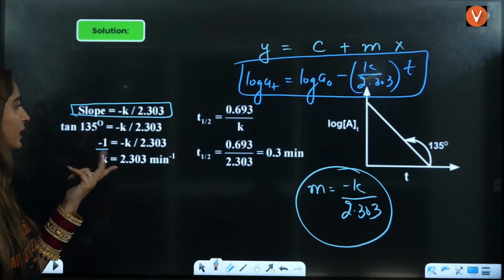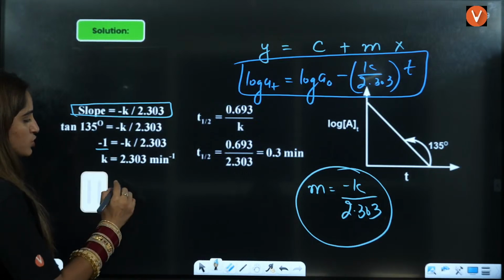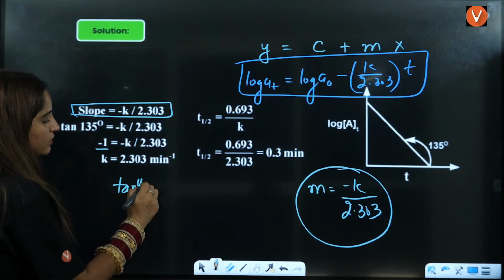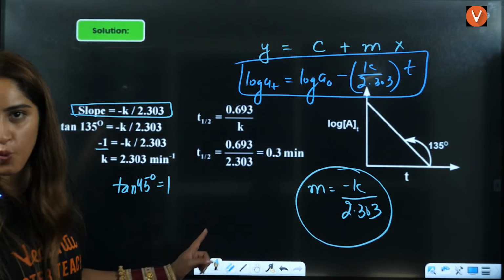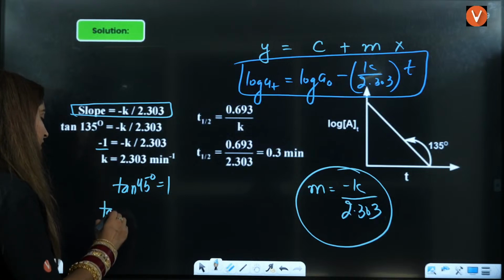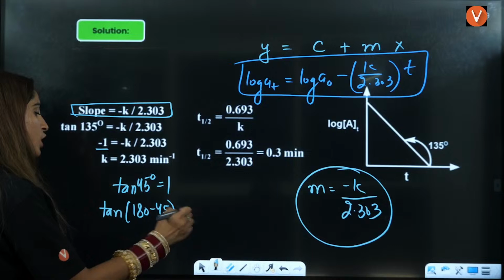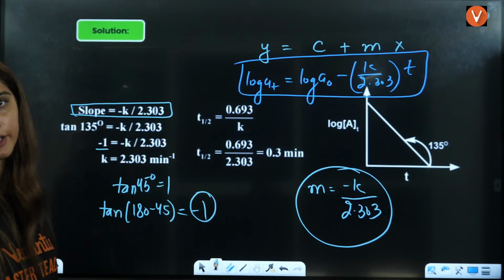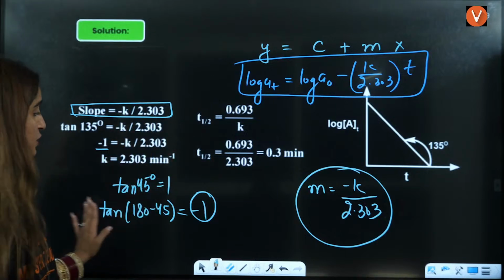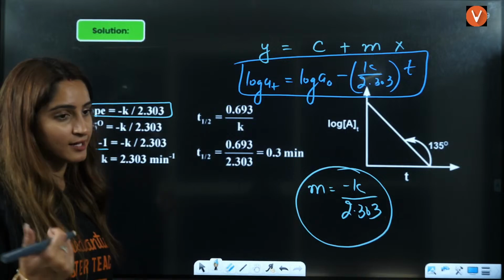This is 180. Tan 45, those who don't know, a little bit of trigonometry I know, right? So tan 45 is equal to 1, right? So tan 135 is nothing but tan of 180 minus 45. So it will be the negative of that, minus 1. It will be the opposite of that because we are subtracting from 180, right?